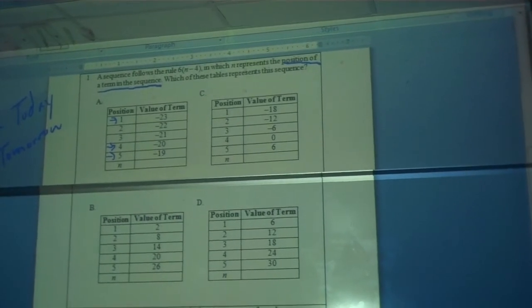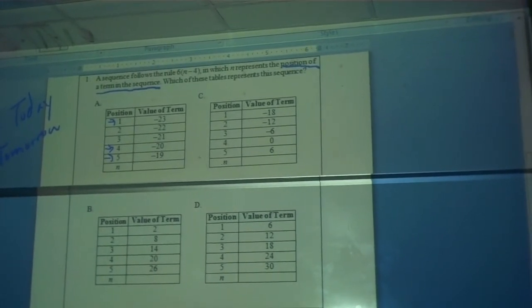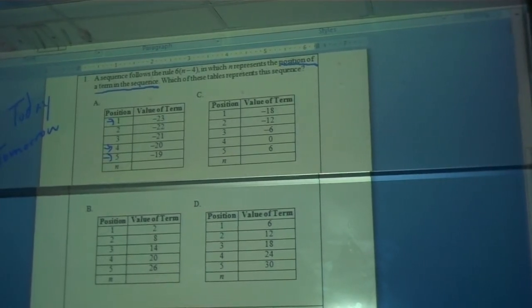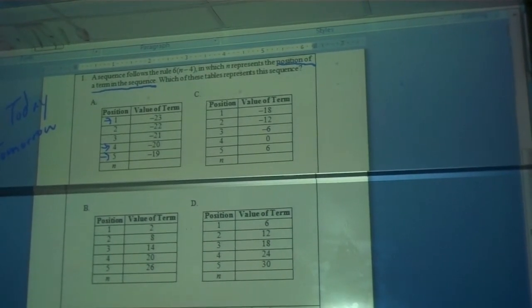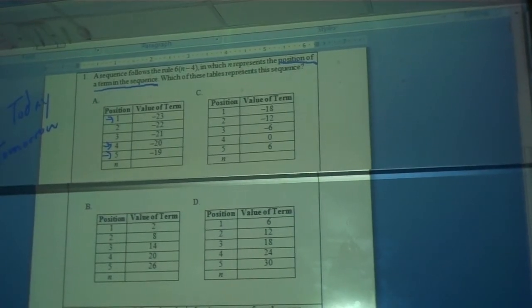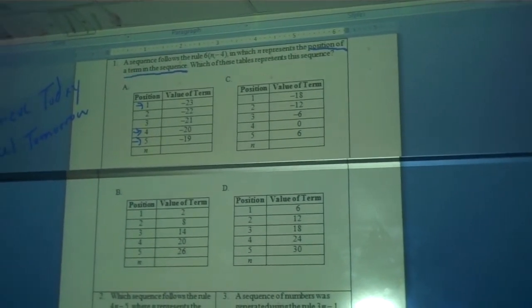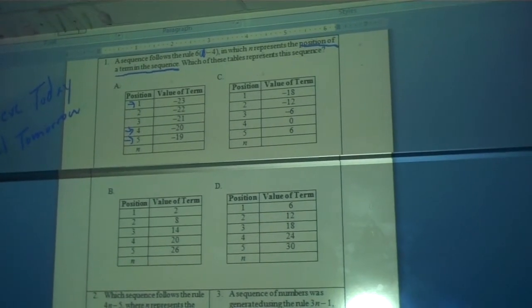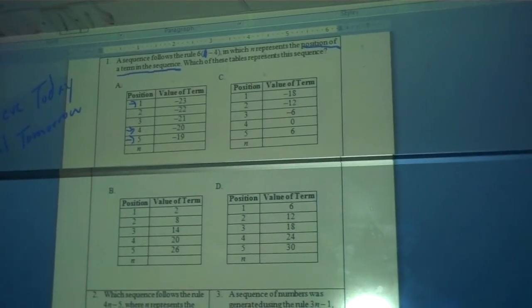Okay, we have 4 different choices here. So we can look, and for position 1, negative 23, negative 18, 2, and 6, our answers are all different. So we could use 1. We can come up here to our rule and replace n with 1. 1 minus 4 is negative 3.